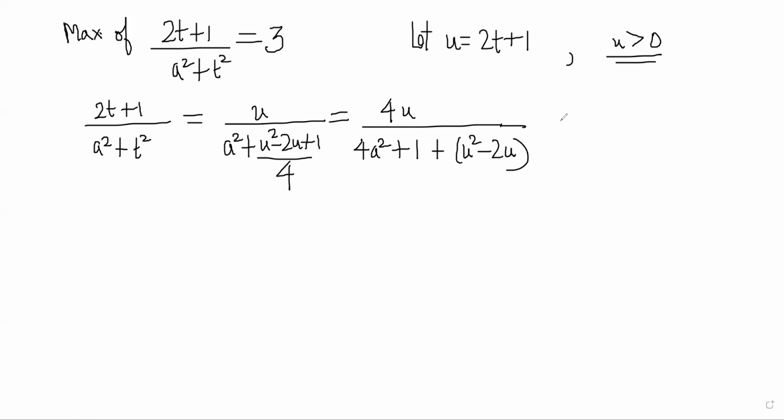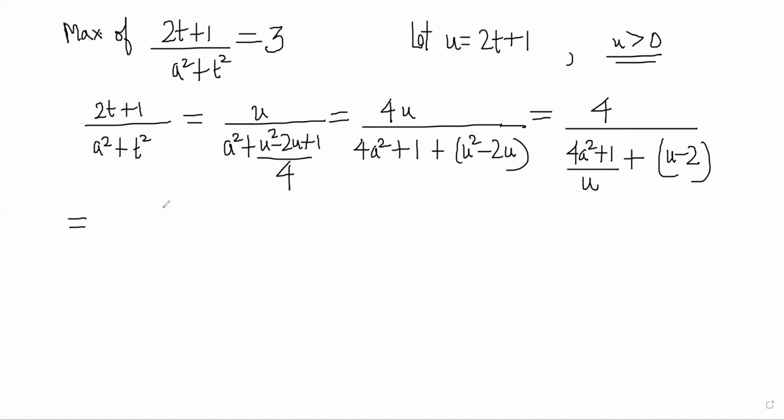I can write this as 4 by ((4A square plus 1) by u plus u minus 2), dividing by u up and down.